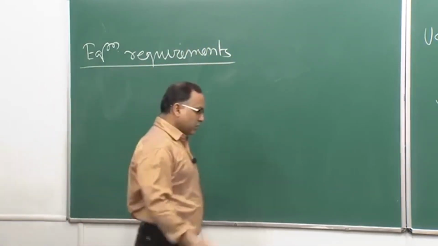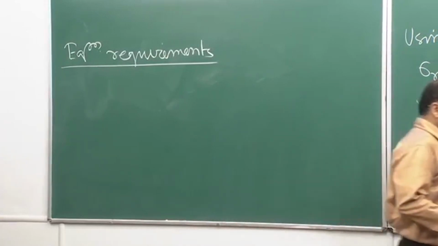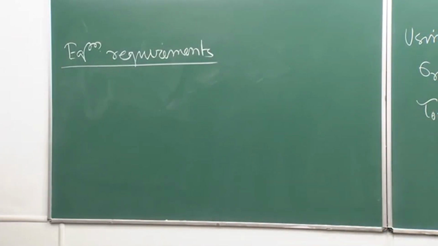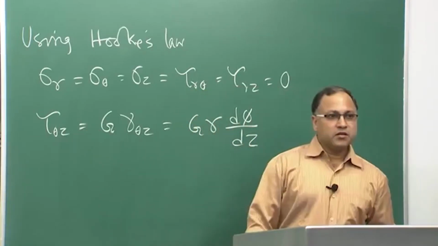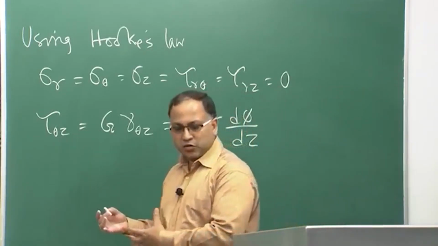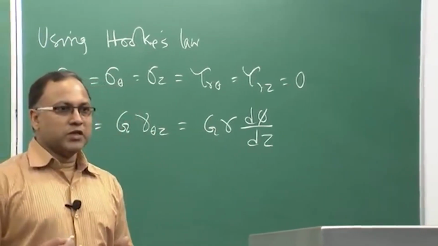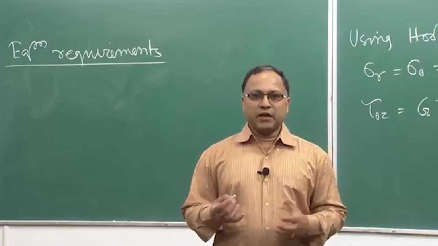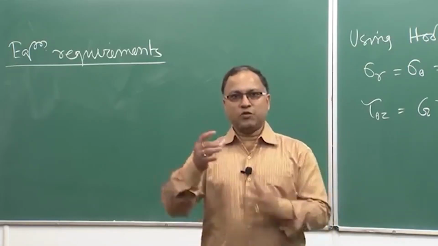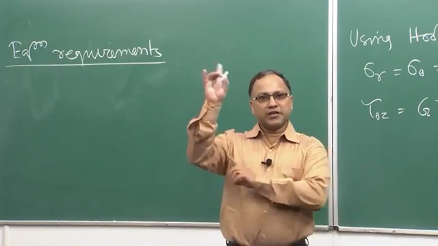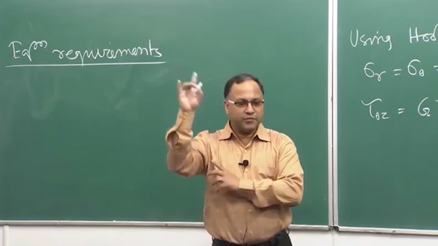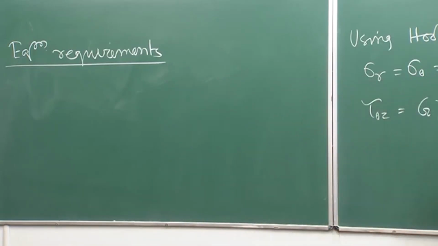What are your equilibrium requirements? Because you are applying the twisting moment, and that twisting moment is causing the development of this shear stress. This shear stress is nothing but the internal adjustment, the internal shear force developed at each cross section, which will try to balance the externally applied twisting moment Mt. We get that from this figure.